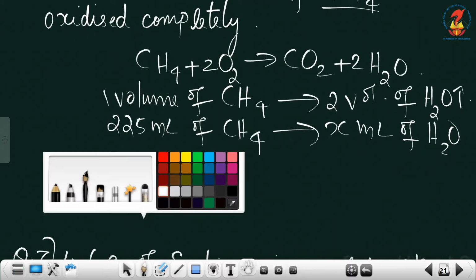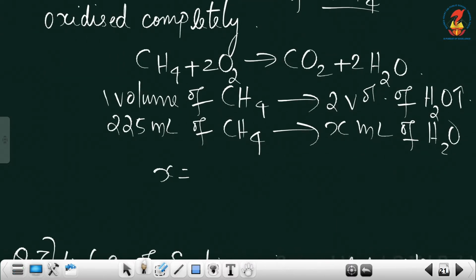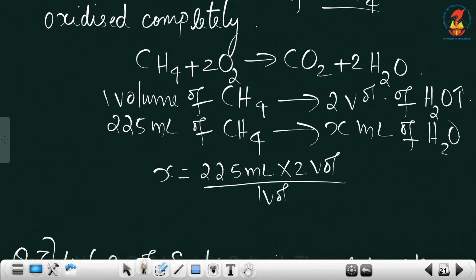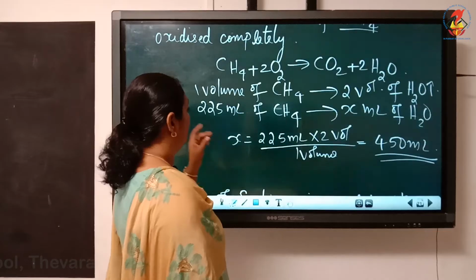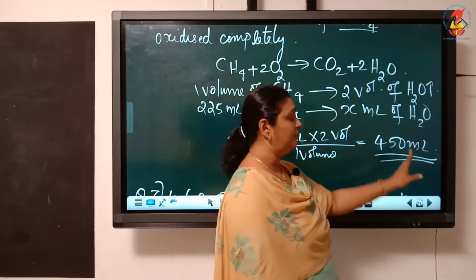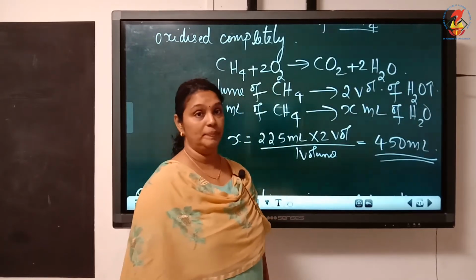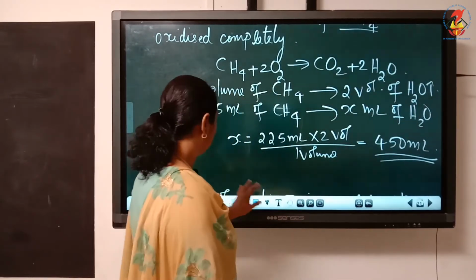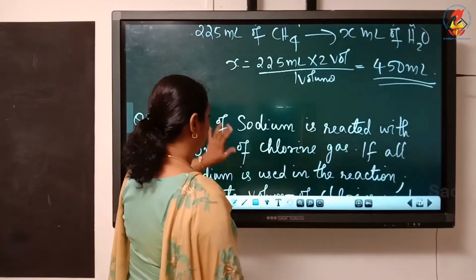Therefore, you can calculate X. X will be equal to 225 ml into 2 volumes divided by 1 volume, which is equal to 450 ml. So we can say on combustion of 225 ml of methane, we get 450 ml of water vapor. Now, next question, question number 3.